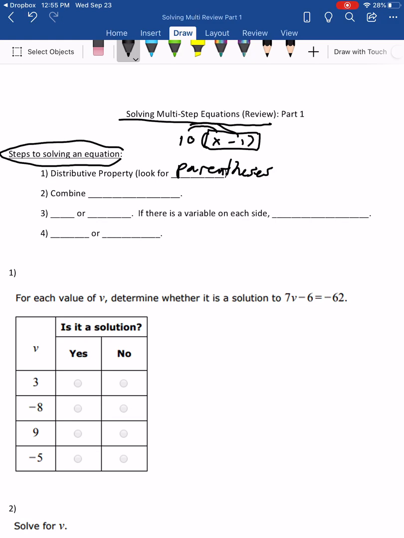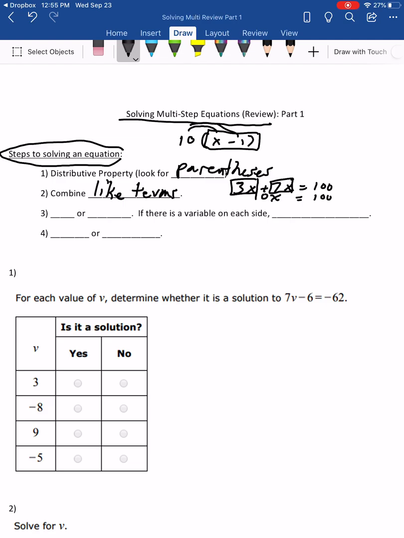Okay, step two, combine like terms. So if I have, let's say, 3x plus 7x equals 100, of course you're going to want to simplify to 10x equals 100, okay? Combine those two terms because they're like terms.